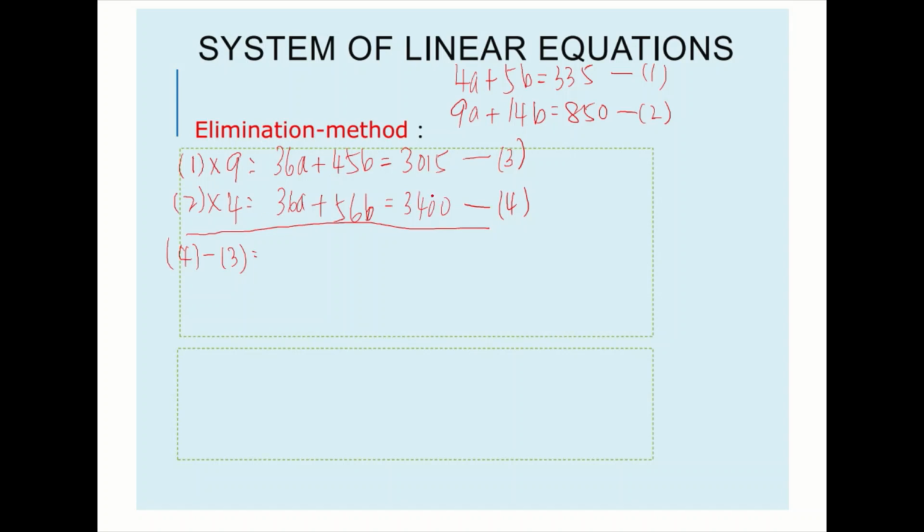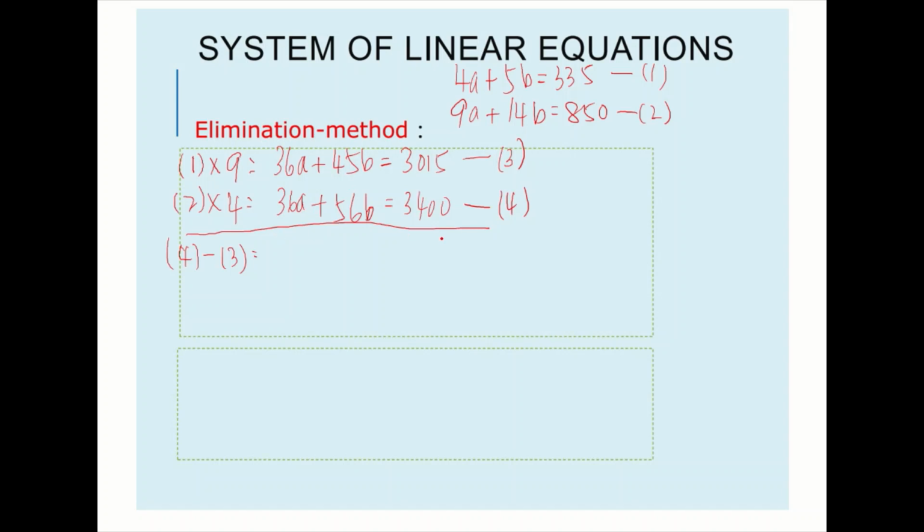Just that for this system, I can see I have 3400 for equation 4 and 3015 for equation 3, so I'm going to take the larger number minus the smaller number. Therefore, I'm taking 4 minus 3. If you want to take 3 minus 4, it should be okay, but you will get a negative number later.